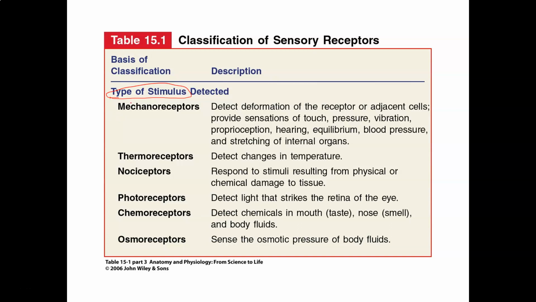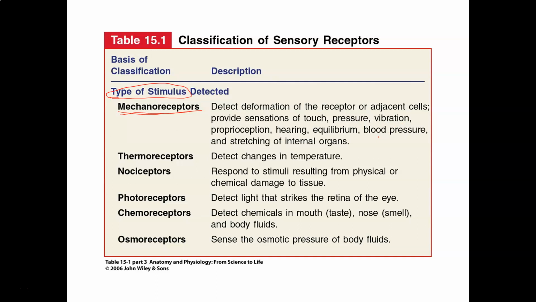So the three basic types are mechanoreceptors. In this case, the ion gates in the dendrite are open due to mechanical deformation of the dendrite. So like touch or pressure or vibration, blood pressure.